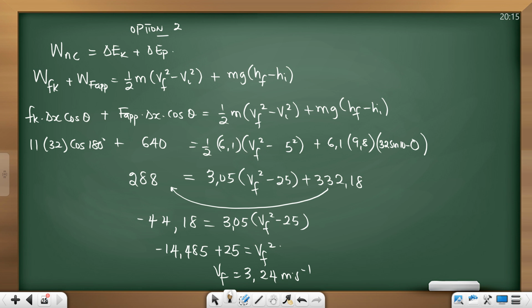Musa, once I say W net, then I must include all the forces. So work with the formula you are using. But if I'm using work done by non-conservative forces, gravity is not a non-conservative force, so it's not there. So don't cram it. Once I say non-conservative, it is friction, applied, and tension.